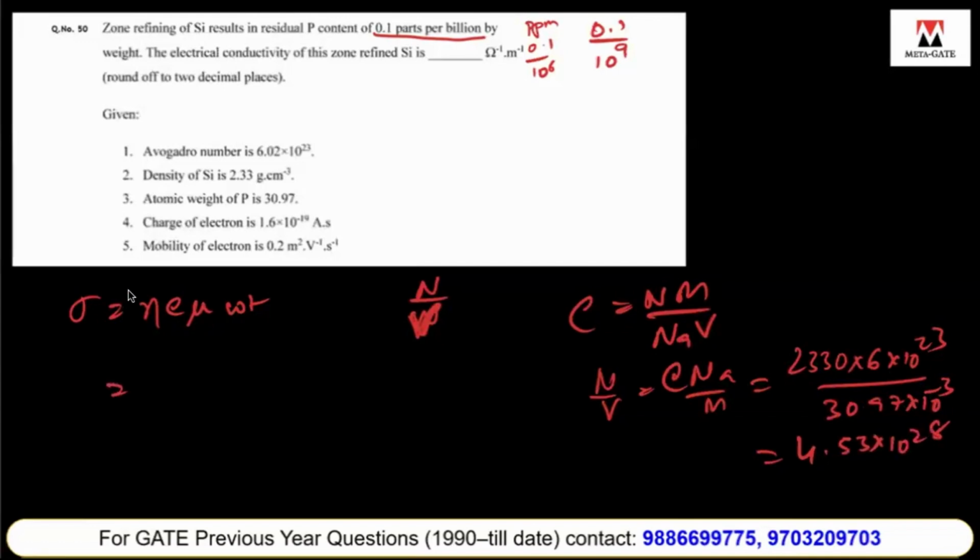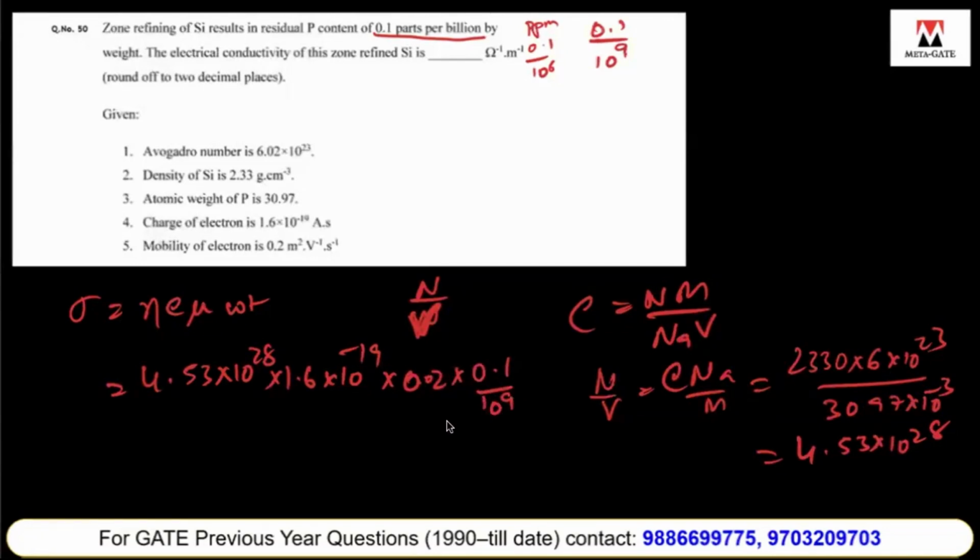So the electrical conductivity is given as 4.53 into 10 power 28 into 1.6 into 10 power minus 19 into the mobility, given as 0.2, into the weight fraction, given as 0.1 by 10 power 9.